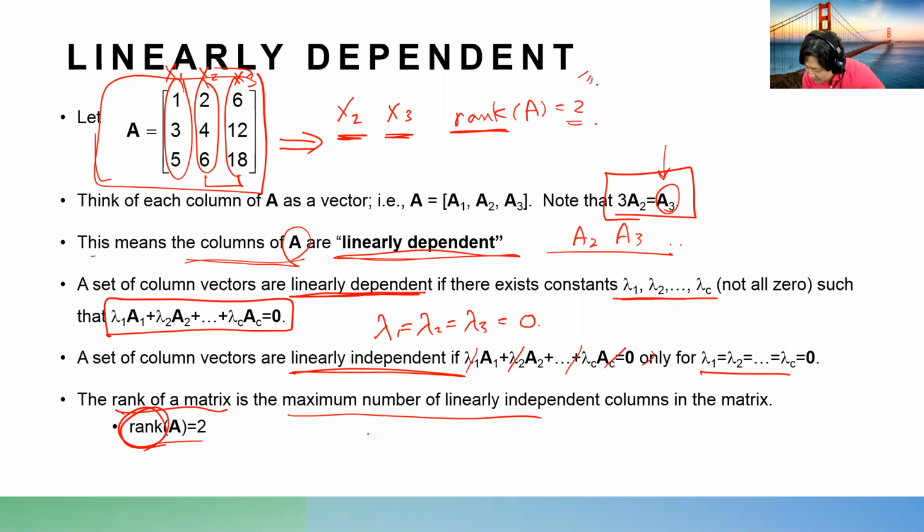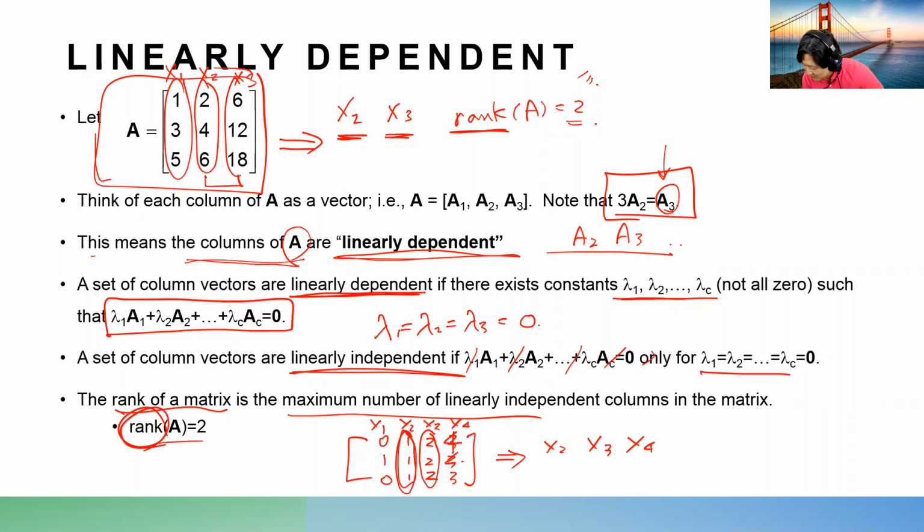Okay. For example, let's say 0, 1, 0, and 1, 1, 1, 2, 2, 2, and 3, 3, 3. Okay. In this case, X1, X2, X3, and X4. And X2, X3, and X4, they are linearly dependent, right? If you multiply 2, you will get this one. If you multiply 3, sorry, it should be 4.